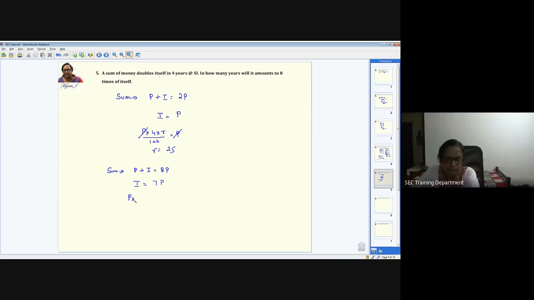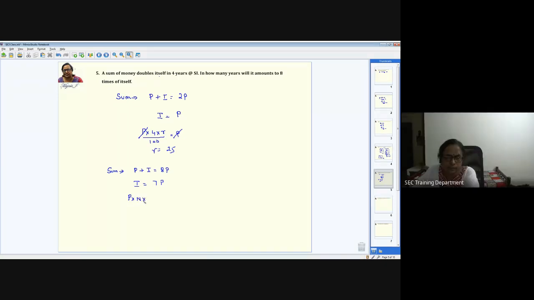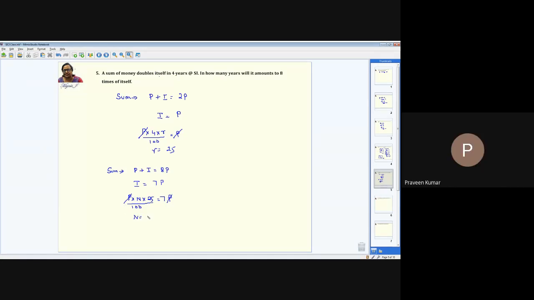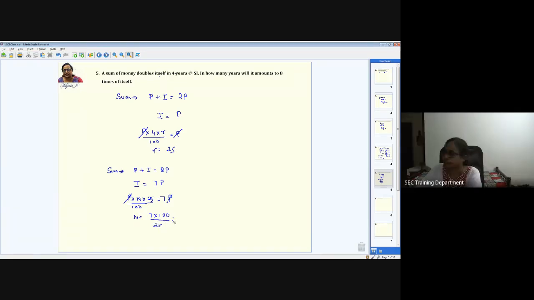P into N into R, which is 25 by 100, equals 7P. So this will get cancelled. So what is N? N is equal to 28. So in 28 years, it is going to become 8 times.